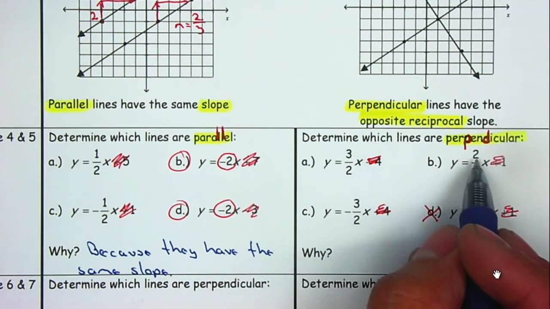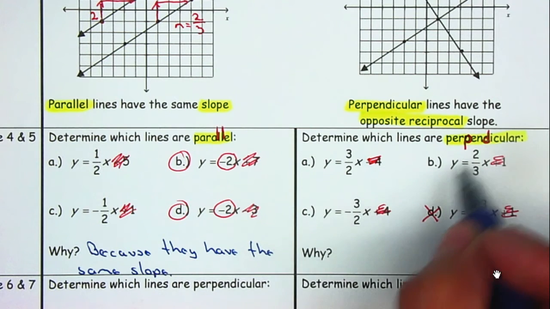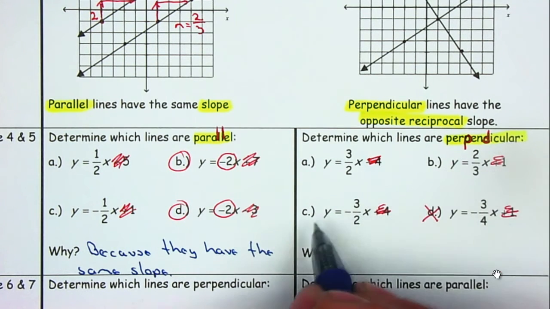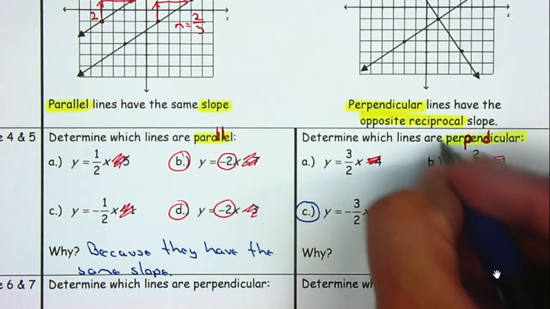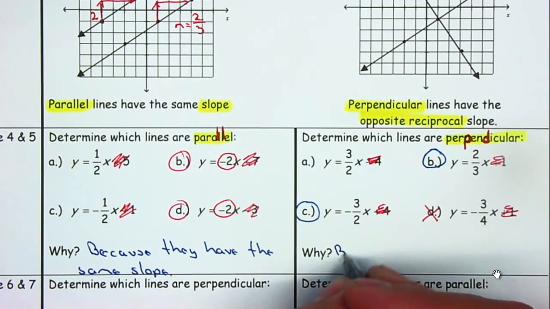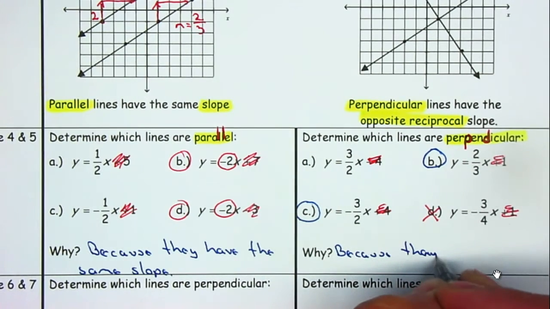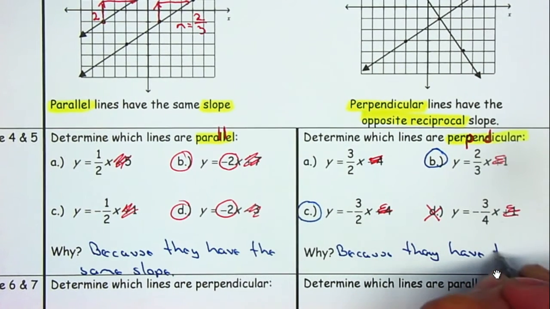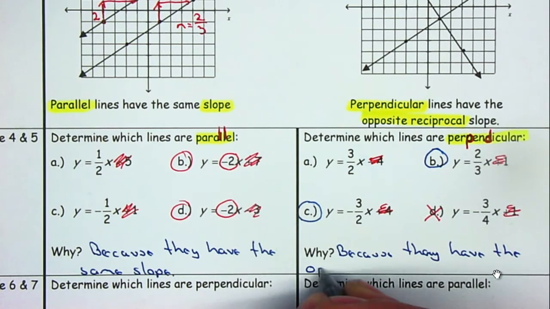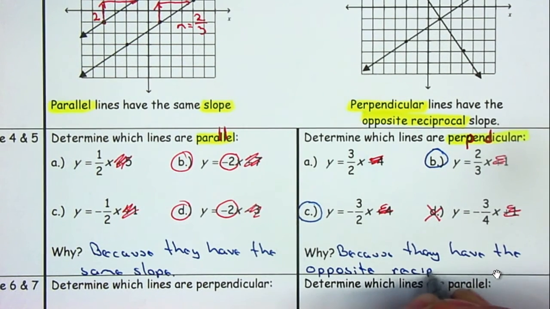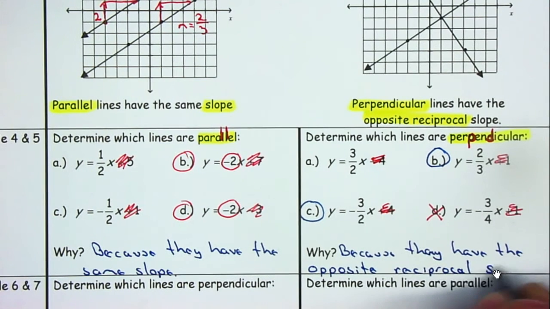So the ones that are perpendicular are those two, because they are flipped, and one of them is positive, the other one's negative. So B and C. And let's write down because they have the opposite reciprocal slope.